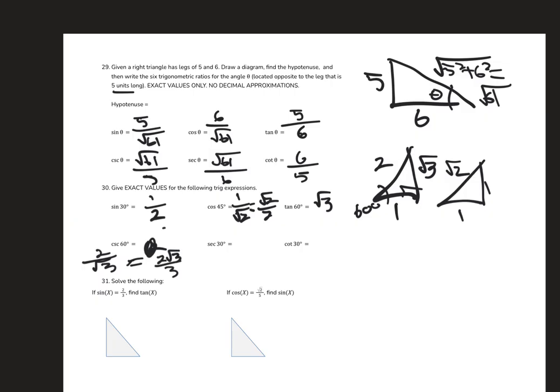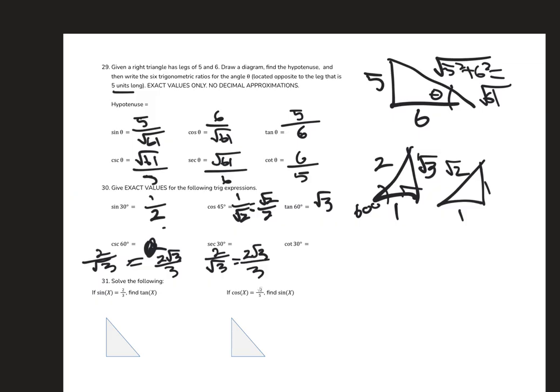The secant of 30 degrees would be 1 over the cosine of 30 degrees. The cosine of 30 degrees would be adjacent, or root 3 over 2, so this would be 2 over root 3, equal to 2 root 3 over 3.